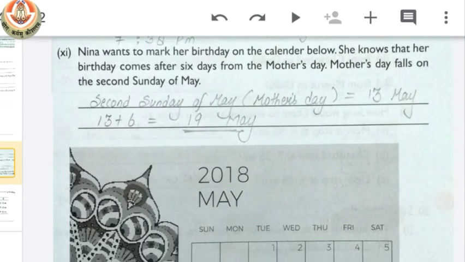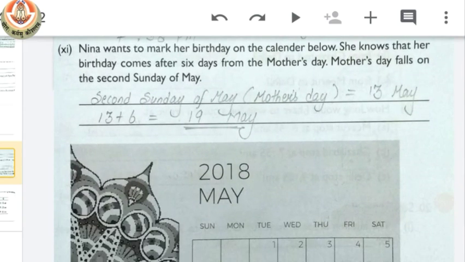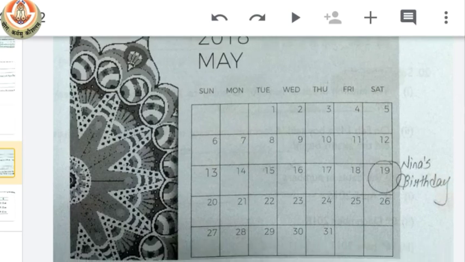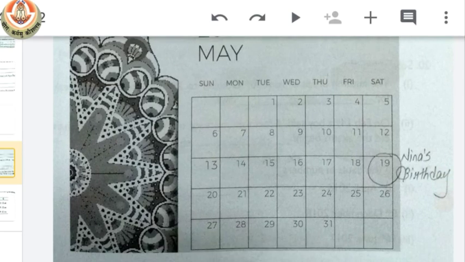Next question is, Nina wants to mark her birthday on the calendar given below. She knows that her birthday comes 6 days after Mother's Day, and Mother's Day falls on the 2nd Sunday of May. So let's see what the date is on the 2nd Sunday of May.